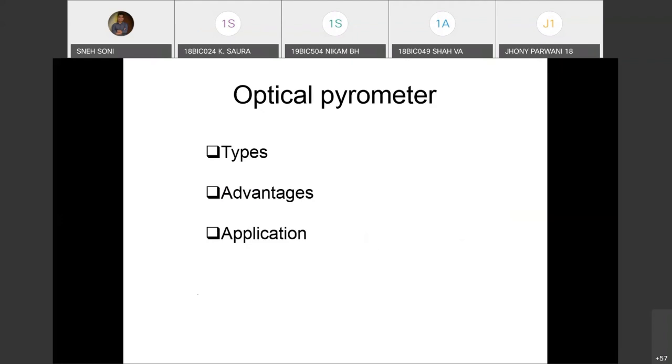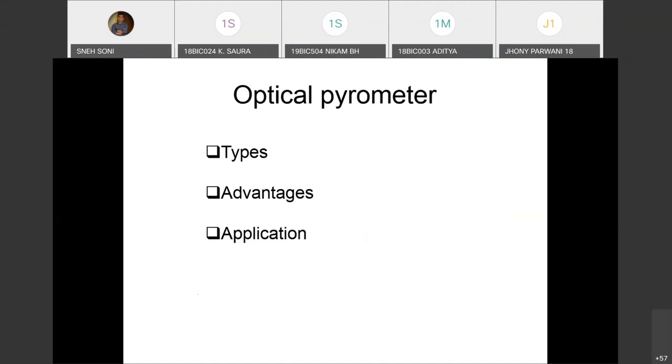Advantages, types, and application. Sir, can you repeat the application once? Yes, the application is that, as I told you, optical pyrometers are comparatively more accurate, right? So we use them as a calibrator. If you have to calibrate a radiation pyrometer, then we can use an optical pyrometer as a calibrator. Optical pyrometers are frequently used for calibration of radiation pyrometers. Fine?